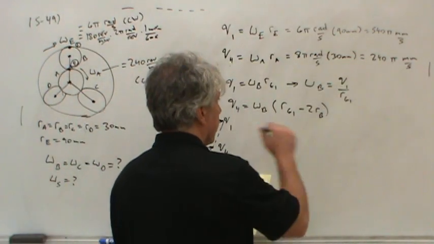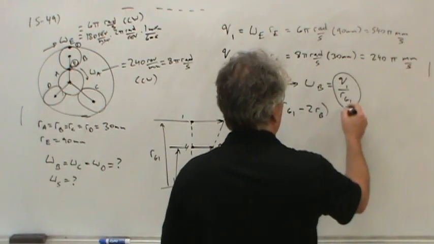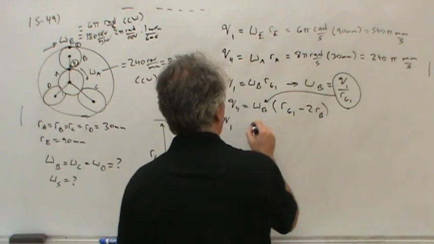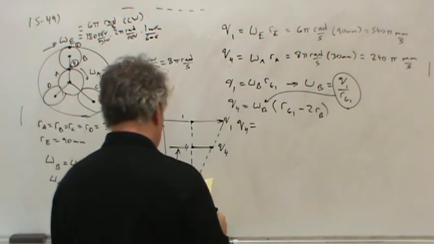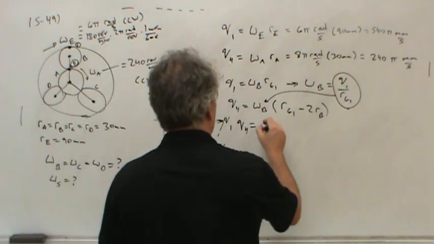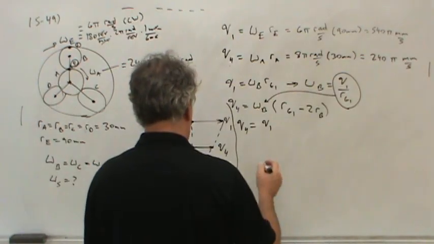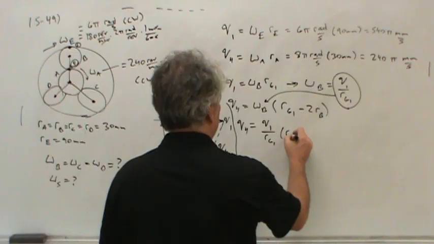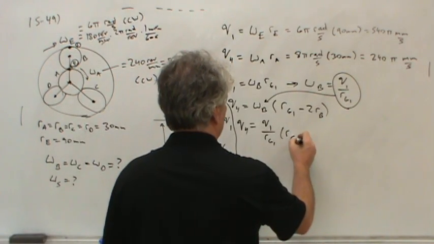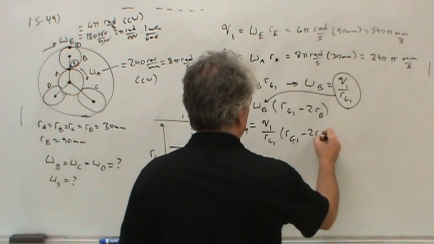So couldn't we then substitute in V1 over RG1 for omega B and find then that V4 is equal to V1 divided by RG1 times RG1 minus 2RB.